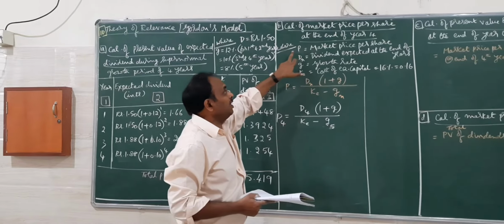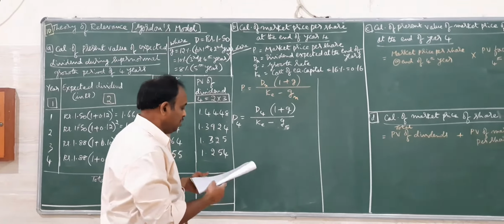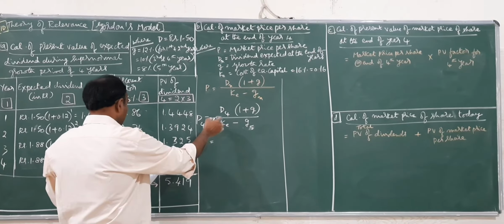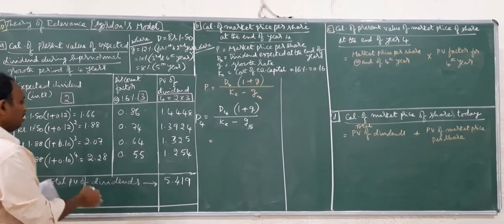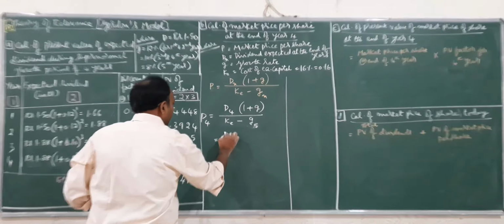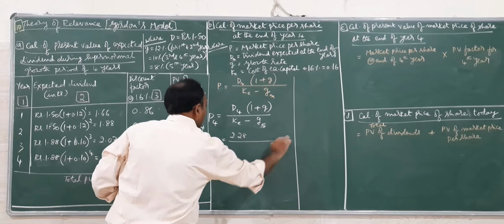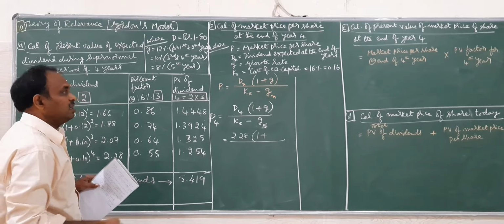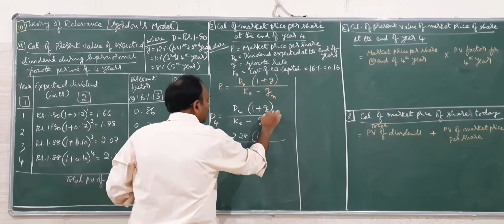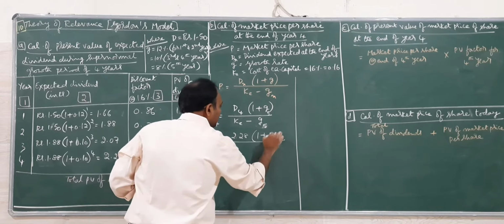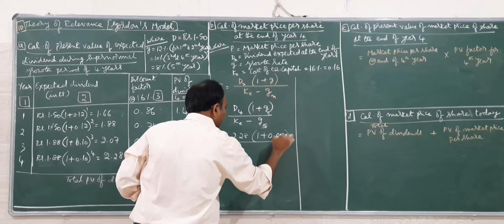Then I will move on to the second calculation, the market price per share at the end of the fourth year. So I will adopt the same formula that we used earlier. D4 is the fourth year dividend 2.28 into 1 plus g. The g is going to be for the fifth year, which is 8%, that is 0.08.